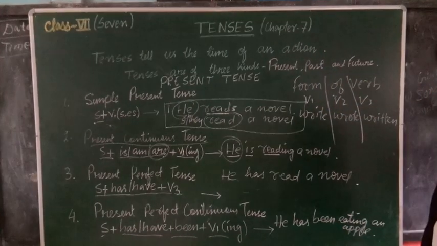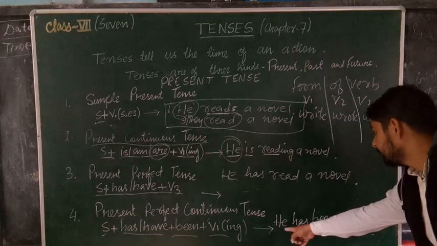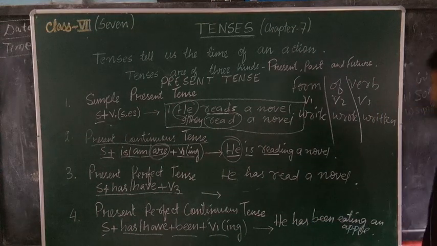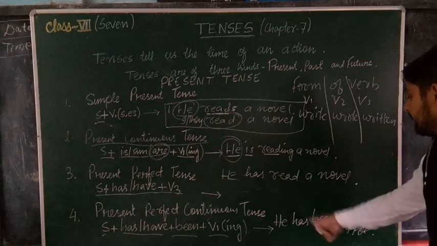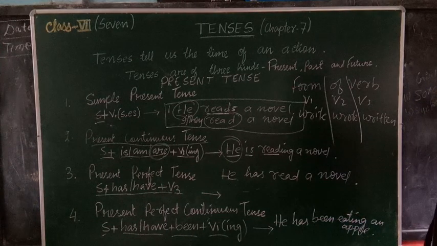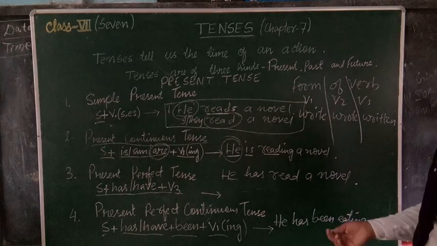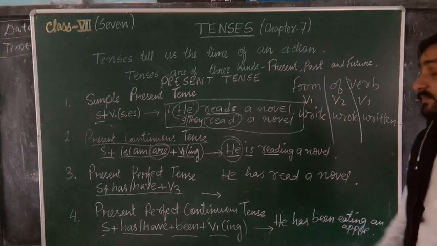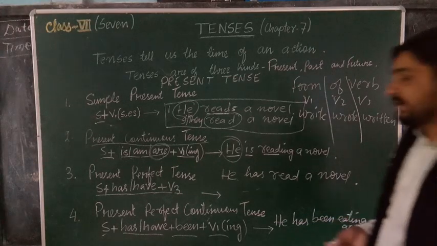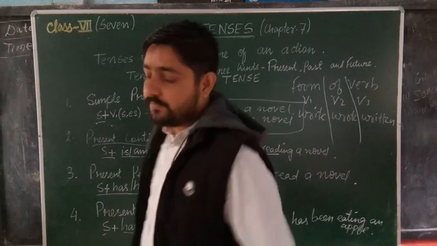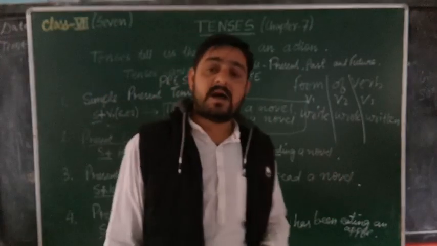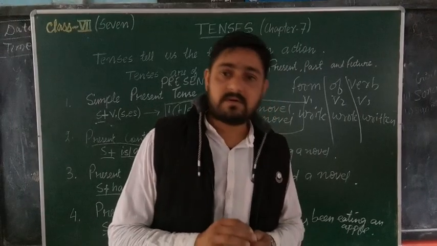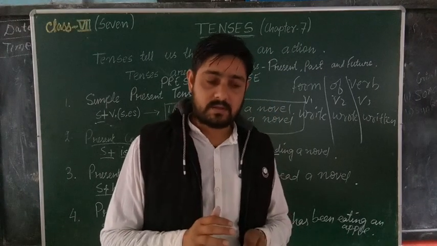So if I write a sentence, then he has been eating an apple. Or we can write that he has been reading a novel. So these are our four tenses. I hope you have understood.